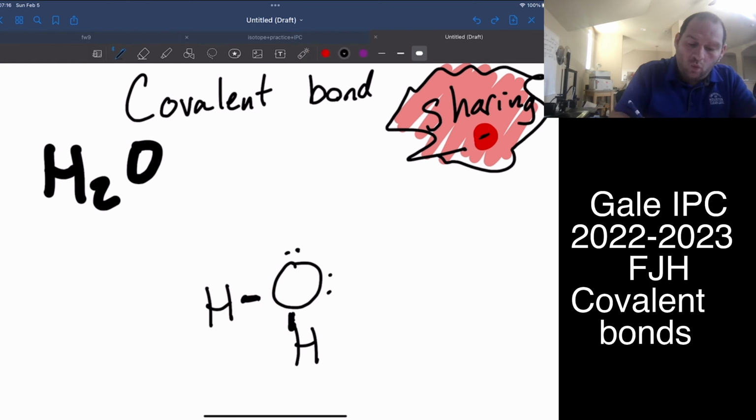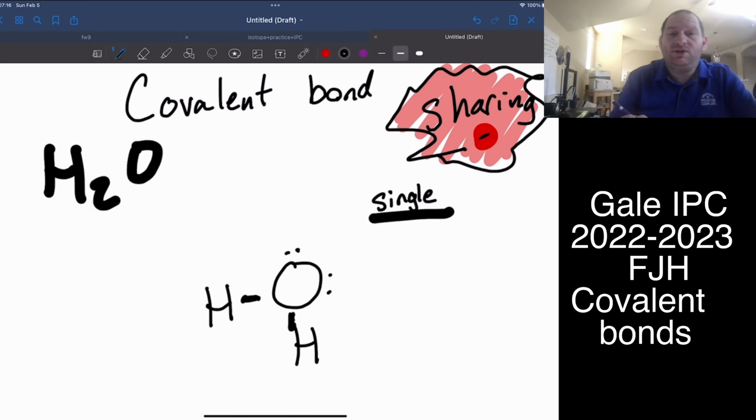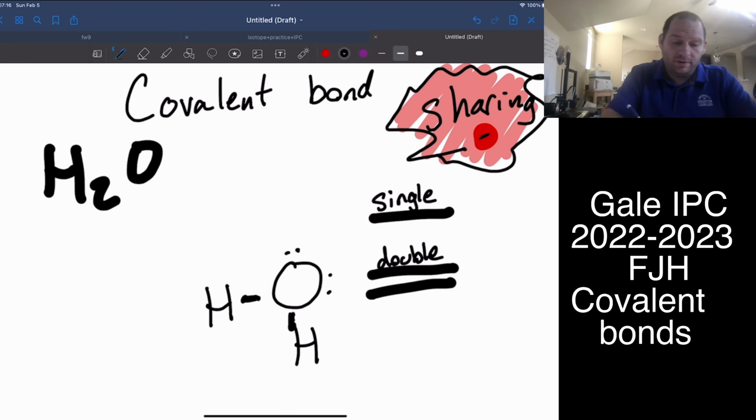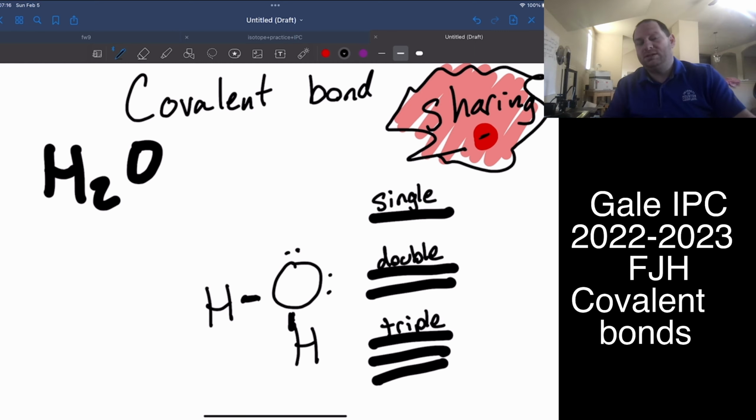If we have just one bar, we call this a single bond. If we have two bars, we call this a double bond. If we have three bars, we call this a triple bond. Easy peasy, right?